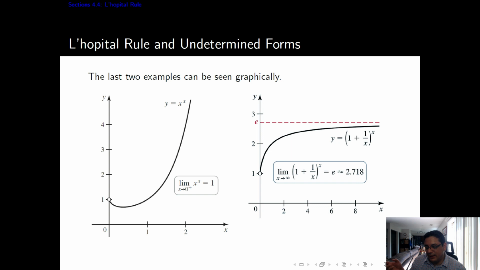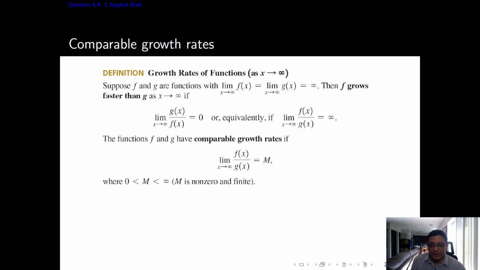Similarly with (1 plus 1 over x) to the x, you can see that it's going to the Euler number as an asymptote when x goes to infinity. This is a good approach when you don't know what a limit is supposed to be: just make a graph and see where the limit is going when you're trying to calculate it.